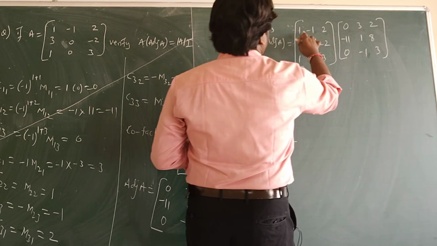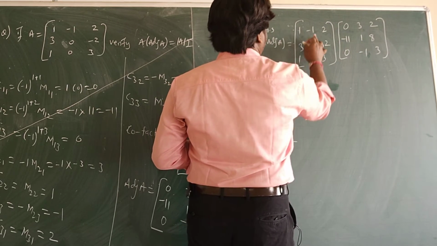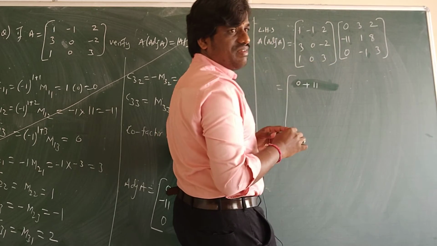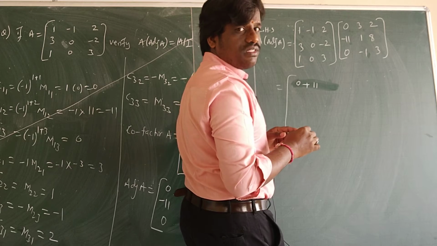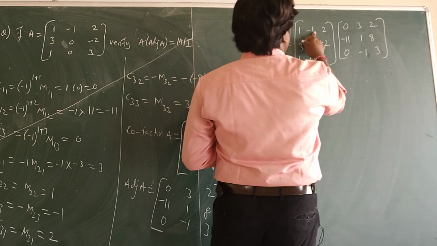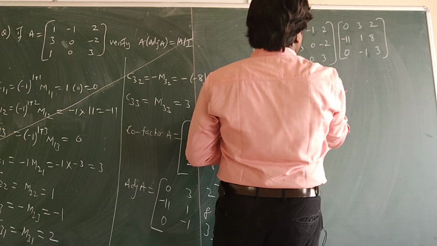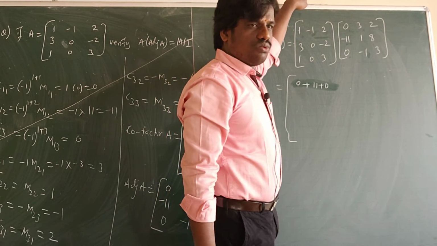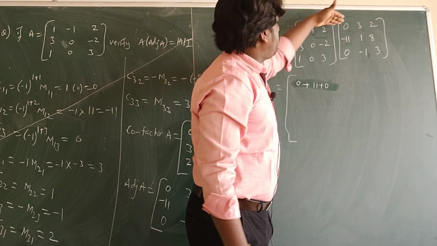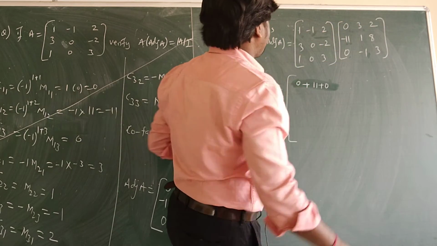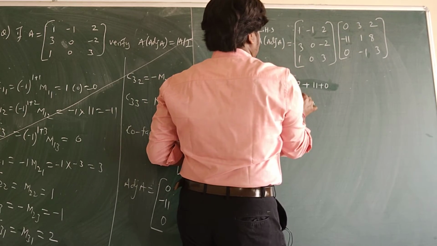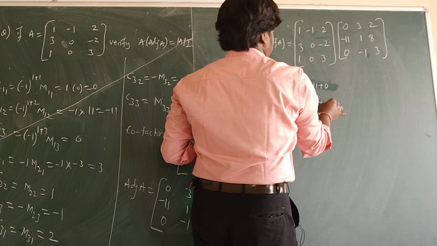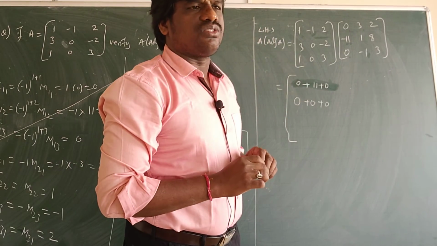Row by column: 1 into 0 is 0, plus minus 1 into minus 11 is plus 11. Listen first, understand this. Minus 1 into this. 2 into 0 will be 0. See here, row by column we multiply. Okay, listen first. Row by column we have done. Same way here, 3 into 0, 0, 0 into 11, 0, minus 2 into 0, 0. All you are getting is 0.